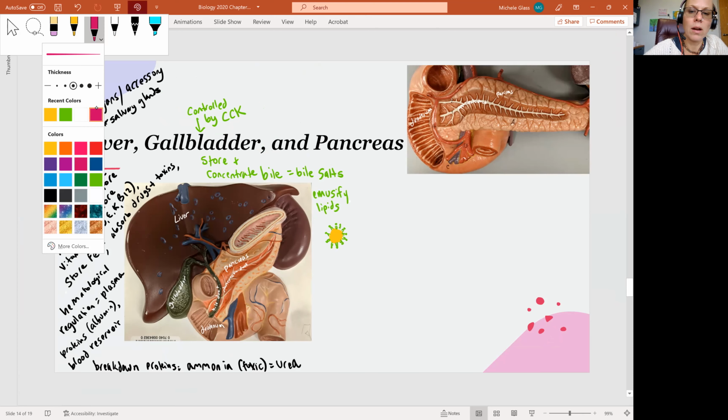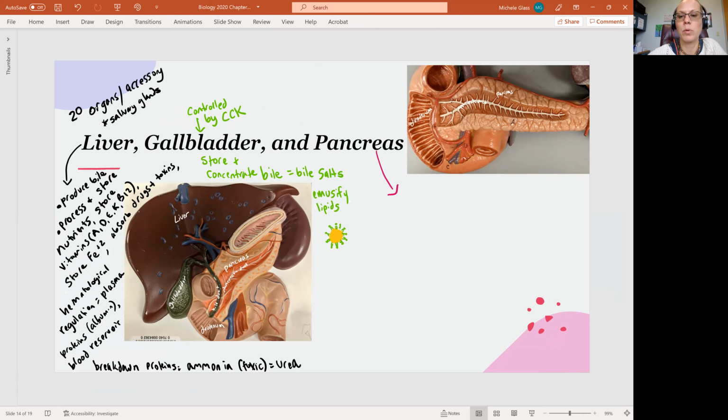When we look at our pancreas, we're going to talk about the pancreas as providing a buffer for the acidic chyme. We talked about that buffer as being bicarbonate rich. That's going to help increase the pH in the small intestine. We see we're going to get enzymes that are important in digesting lipids.